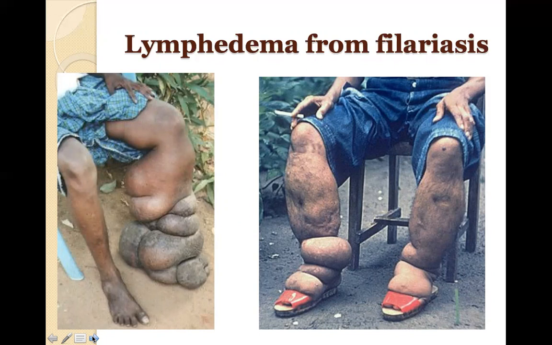The mosquito injects a parasite into the skin, which goes into the bloodstream. From the bloodstream, because that parasite has an affinity for protein, it goes into the lymphatic system and scars the lymphatics, so it renders them basically ineffective.